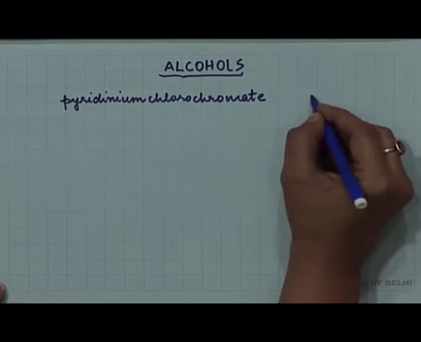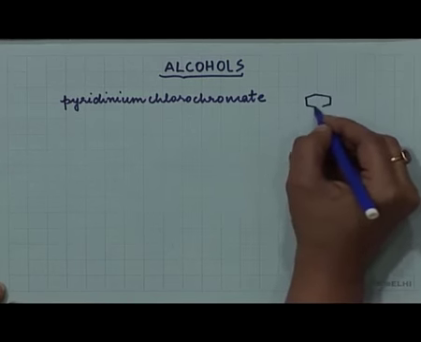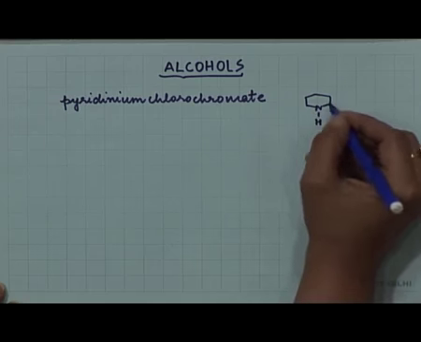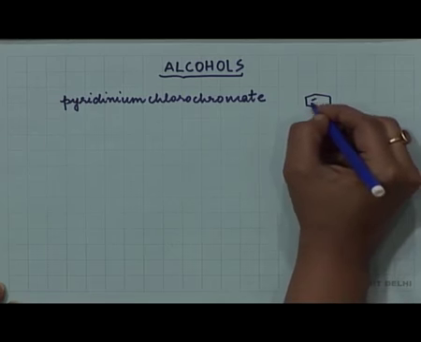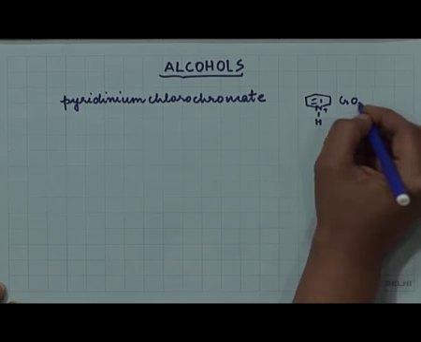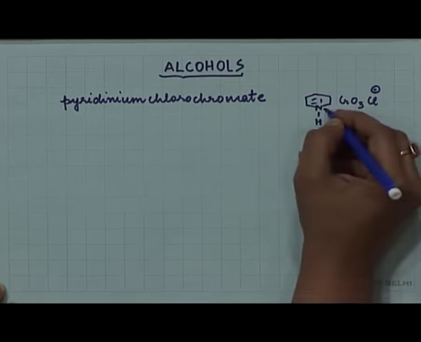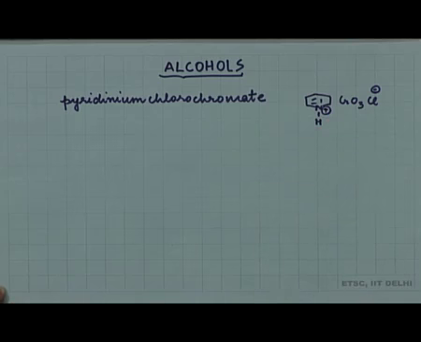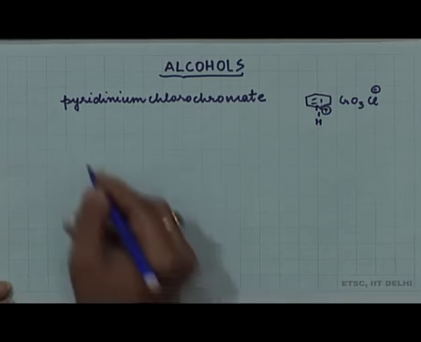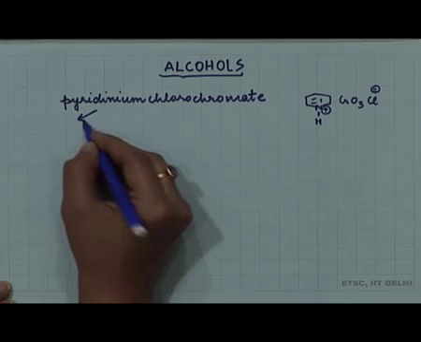So, the general structural formula for pyridinium chlorochromate is given like this. You have a pyridinium cation and a chlorochromate anion. Okay. So, the first thing is, how is this prepared?